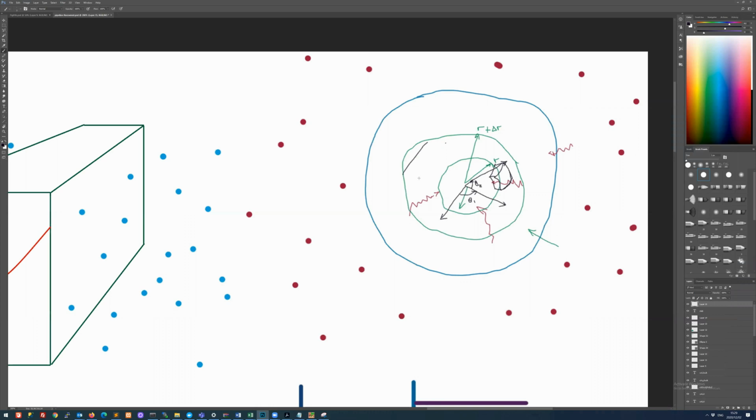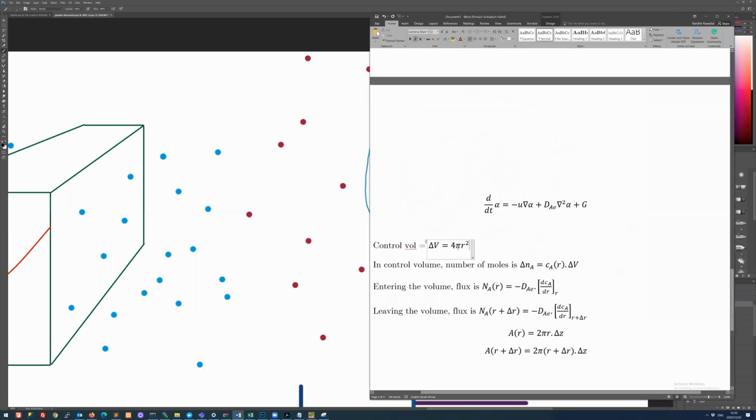So I'm looking for the volume of this thickness. This is our control volume. You can imagine the skin of a ball. If you take a ball which has a certain thickness, in this case delta r, then you take the inside surface area of the ball and multiply it by the thickness, delta r. So that's your volume.